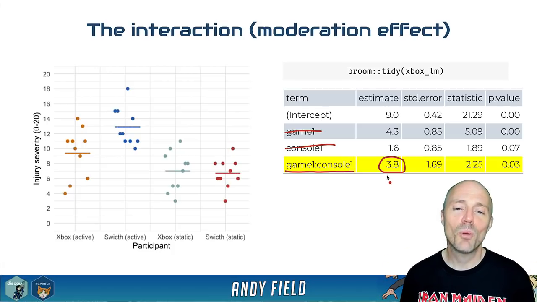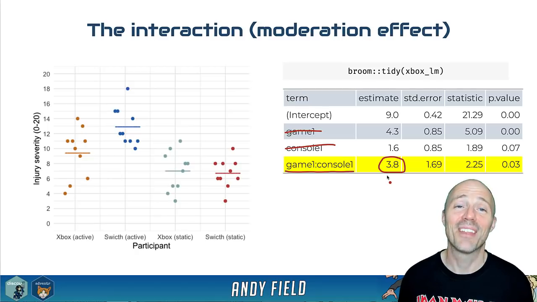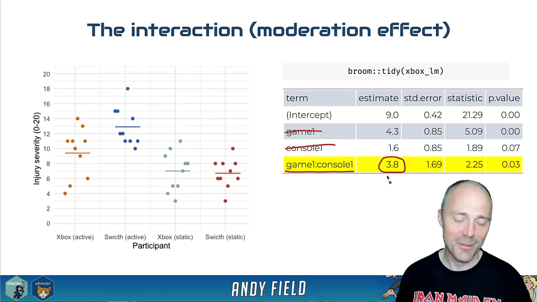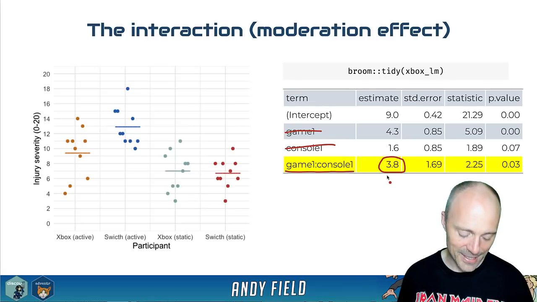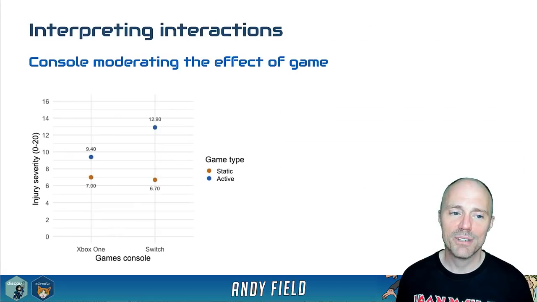So this 3.8 represents the raw effect of the interaction term. But what does that even mean? Well, let's have a look at what that means, because it can be tricky, to say the least. Just remember that value, 3.8, because we are going to return to it.